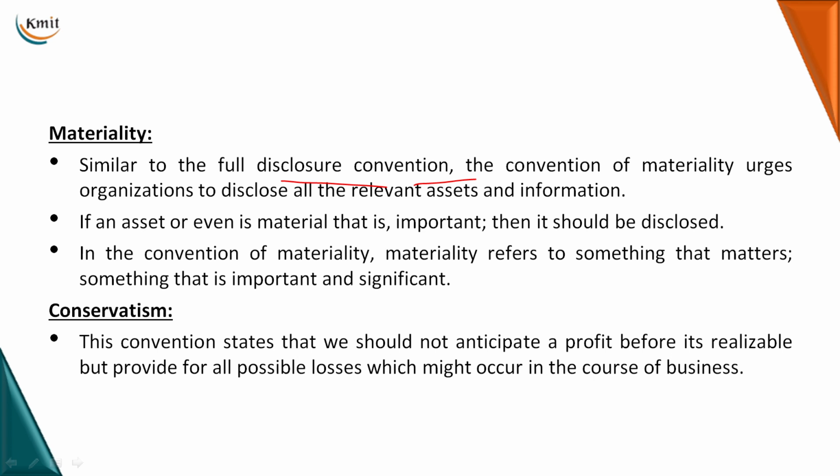The other irrelevant things should be out of the purview of the accounting process. So, for example, if an asset or event is material, that is important, then it should be disclosed.